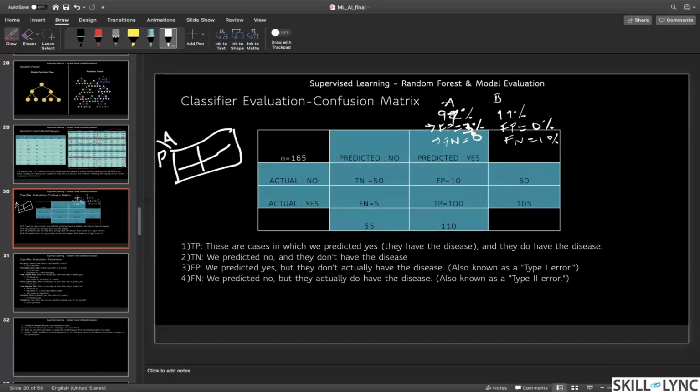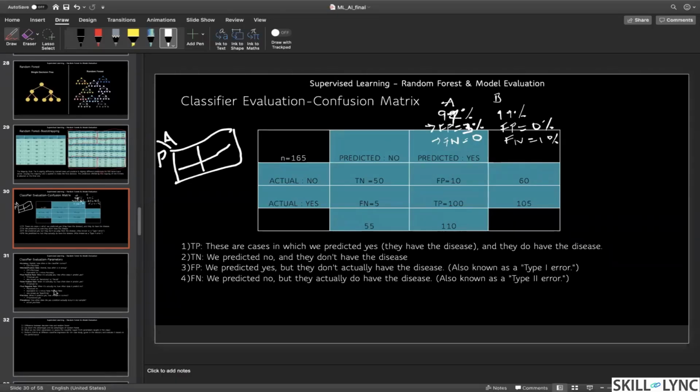In terms of mathematical algorithm, B is better. But in terms of business case, A is better because A does not have any false negatives. So you have to understand which parameter is more important.